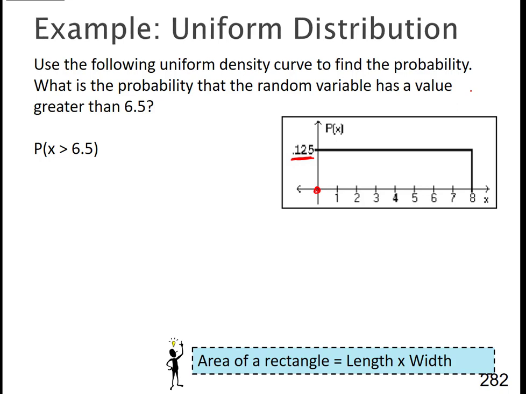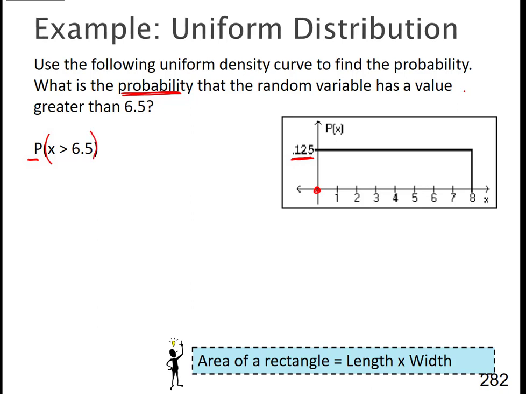The slide says use the following uniform density curve to find the probability. And the question says, what is the probability that the random variable has a value greater than 6.5? Now remember, it says probability, so we have written out here P of x, parentheses x, because that's our random variable, greater than 6.5.